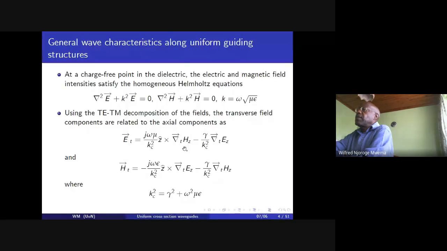E_t is going to be given by j omega mu over kc squared times the gradient of Hz with the direction vector, minus gamma over kc squared times the gradient of the z component of the electric field intensity. And H_t can be expressed likewise in terms of the axial field components, where kc squared was given as gamma squared plus omega squared mu epsilon, or gamma squared plus k squared.